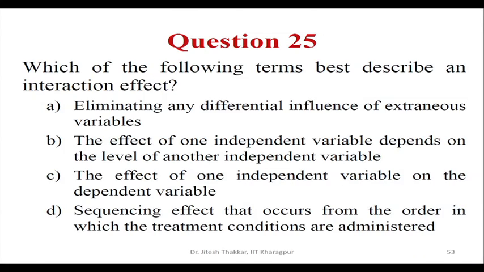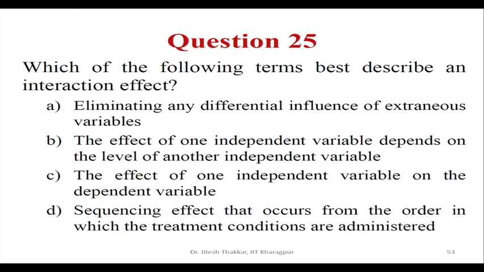Question 25. Which of the following terms best describes an interaction effect? A. Eliminating any differential influence of extraneous variables. B. The effect of one independent variable depends on the level of another independent variable.